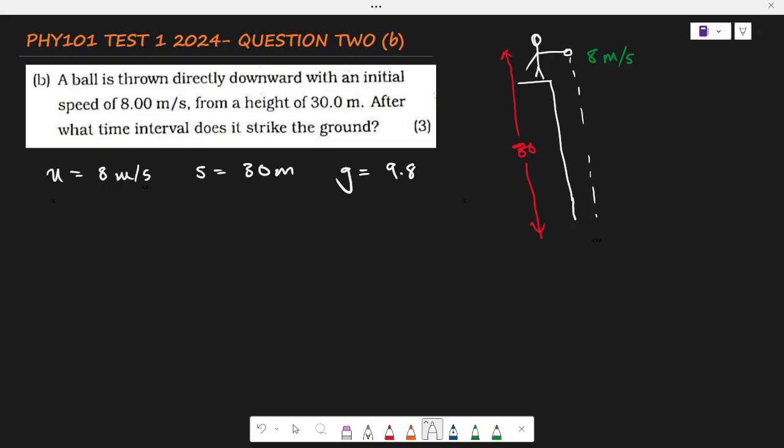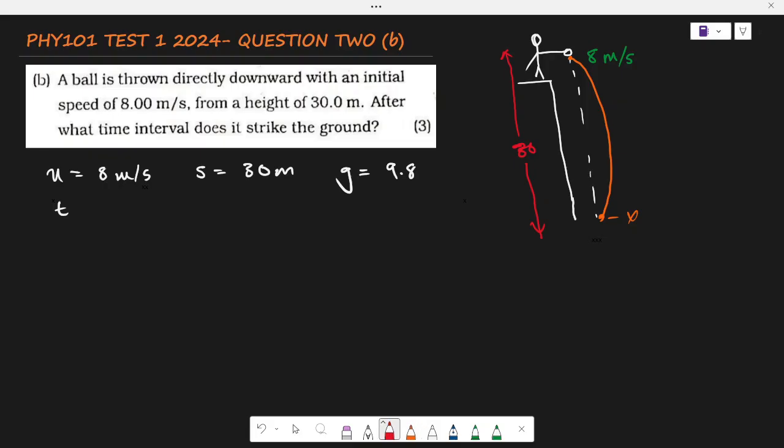What we've been asked to calculate is the time it will take for the ball to move from this initial position to strike the ground. We know the initial velocity, but we don't know the final velocity, the velocity it's going to have as it hits the ground. So let's look at the formulas that we can use.